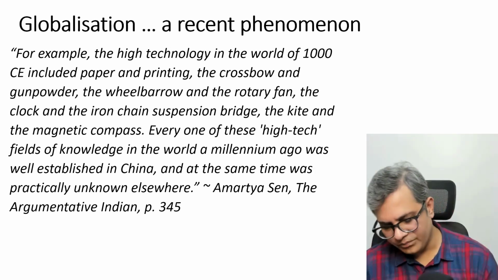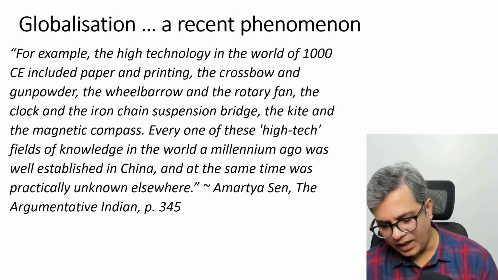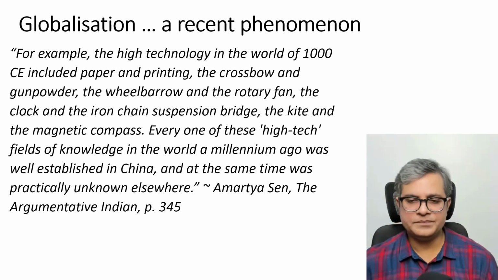So let's continue. For example, the high technology in the world of 1000 CE included paper and printing, the crossbow and gunpowder, the wheelbarrow and the rotary fan, the clock and the iron chain suspension bridge, the kite and the magnetic compass. Every one of these high-tech fields of knowledge in the world a millennium ago was well established in China and at the same time was practically unknown elsewhere.